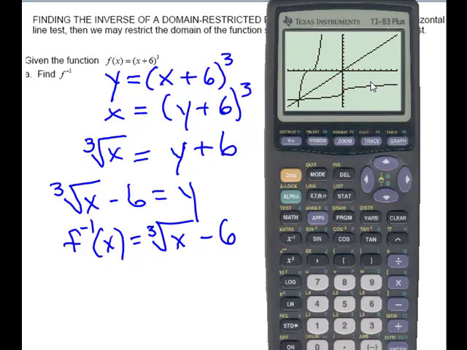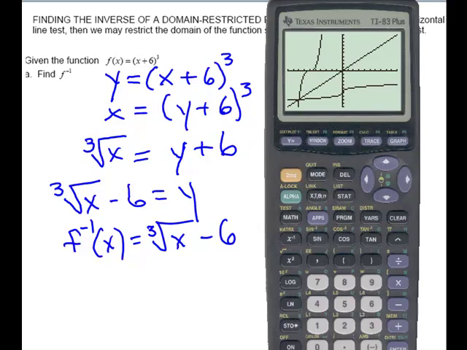Domain and range. And we're supposed to just do that for the inverse function. So the inverse function is this one. Domain, it goes forever to the left, forever to the right. We'll just remember that. I'll write it in a minute because it'll make the calculator go off. Right? And as it goes this way, it gradually goes down, and as it goes this way, it gradually goes up forever.